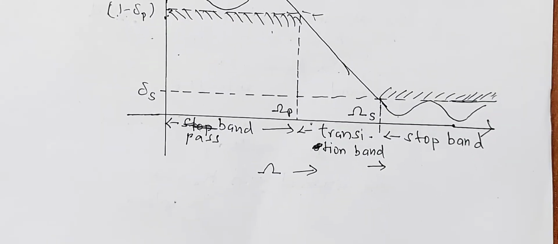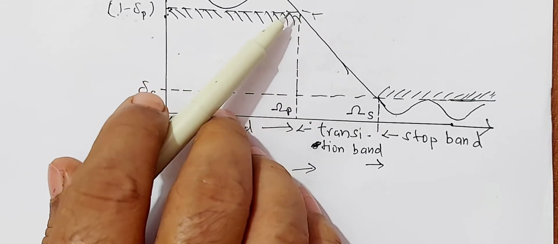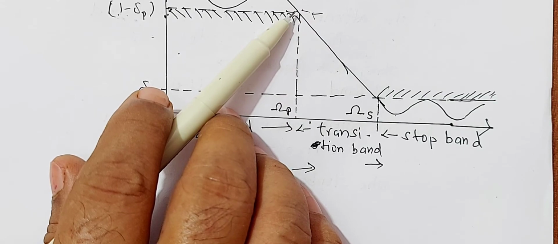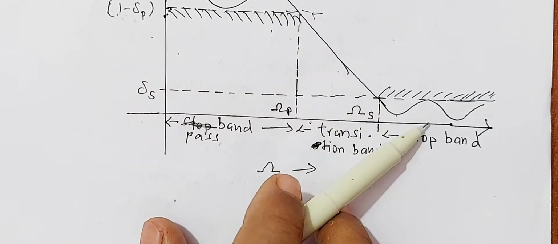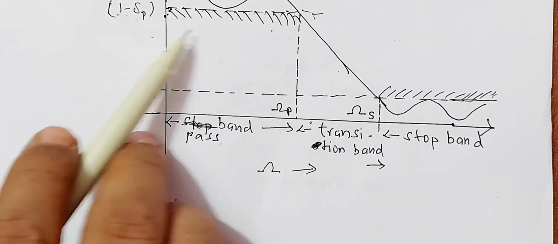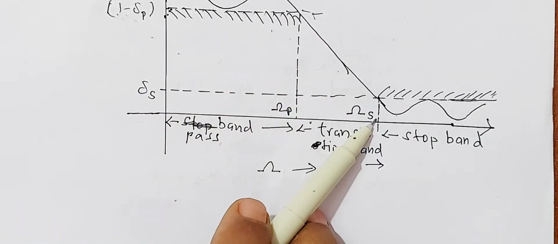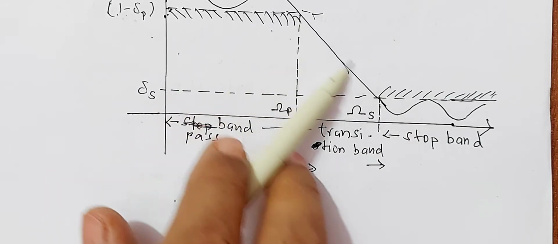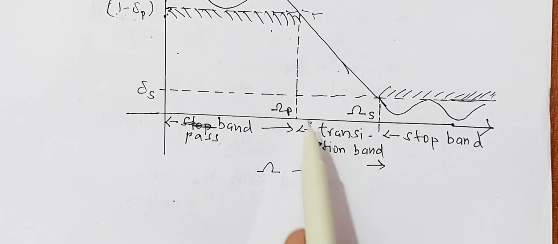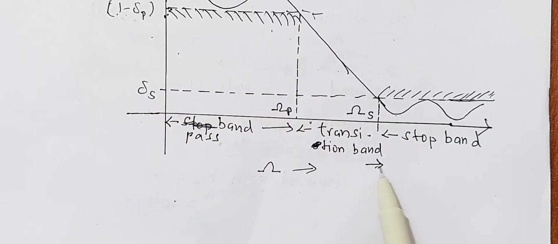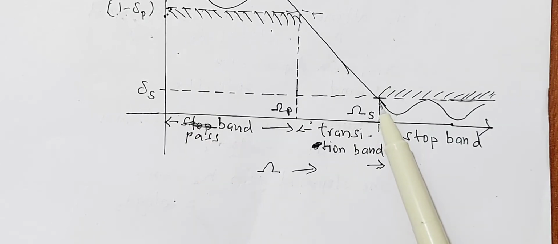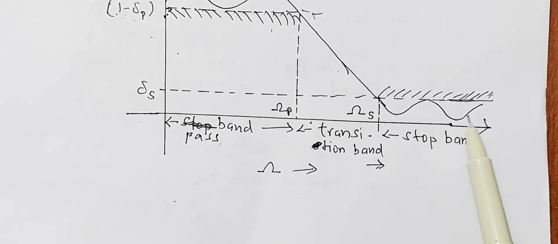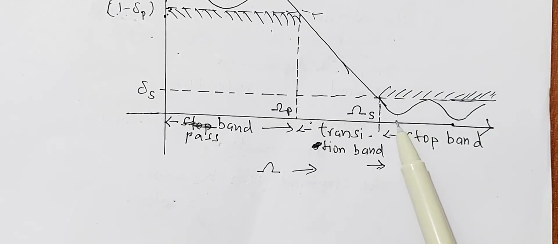And after that, the magnitude response decreases from the pass band state to the stop band state. This is called the transition band. After the transition band, the value almost decreases to 0, but it is not exactly 0.